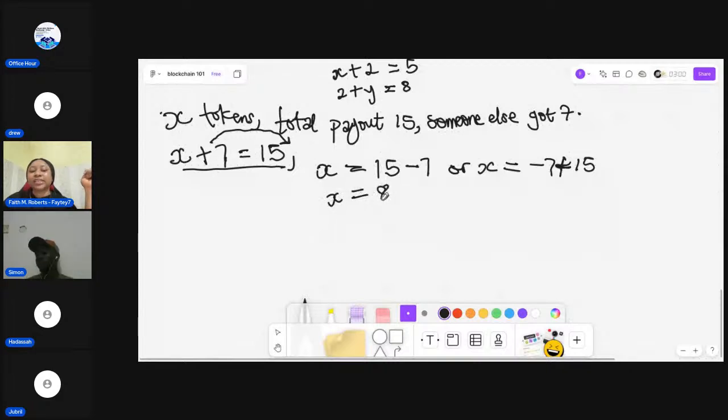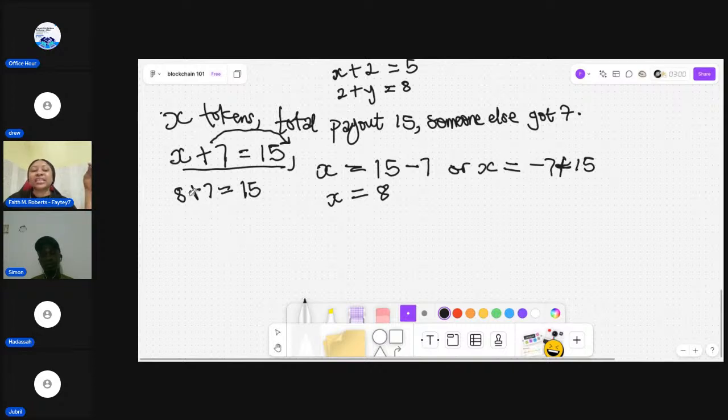When you've gotten x as 8, you come back to the statement and replace x with 8. So we say 8 plus 7 should give us 15. If this statement is correct, that means x was originally 8.